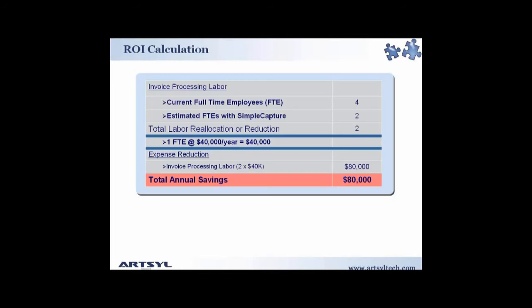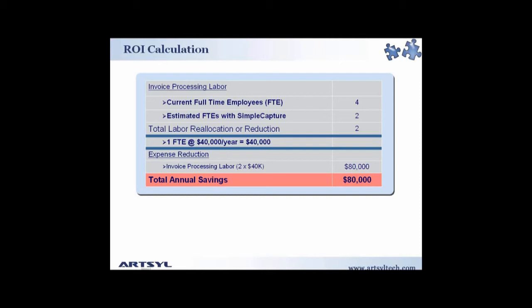Now, ROI is what it's all about. How quickly does the solution pay for itself? What we typically see is at least a 50% reduction in effort. So you can look at this one of two ways. If you're in a cost-cutting mode, you can typically reduce your labor by 50%.